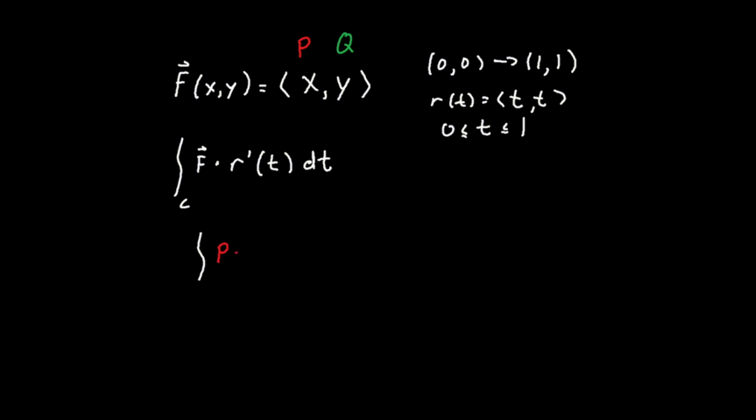So P times the derivative of the x component of your parameterization of t, plus Q, your second component of your vector field, multiplied with the derivative of the second component of your parameterization.